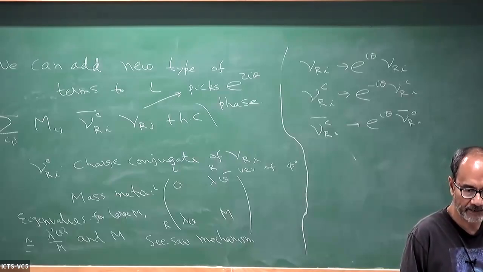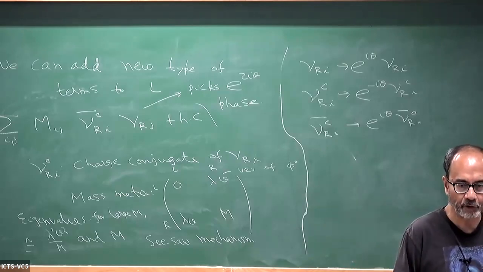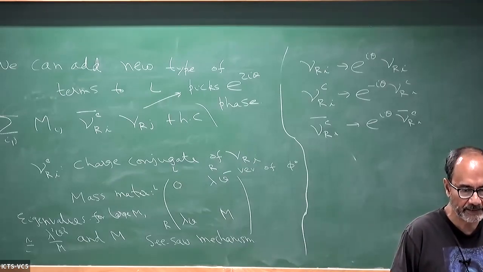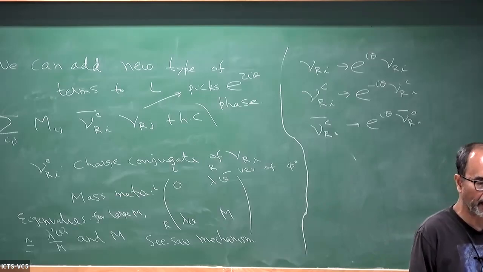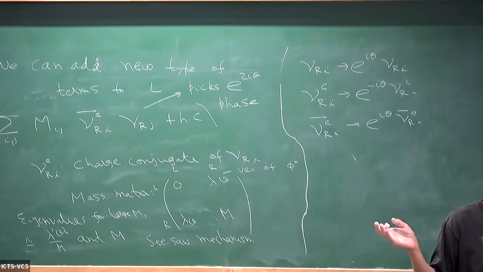So you don't know for sure if this is the mechanism for neutrino mass, but this model is still viable. It has not been ruled out. And as I said, one advantage is that if this is the correct model, it could also explain how B minus L was generated.